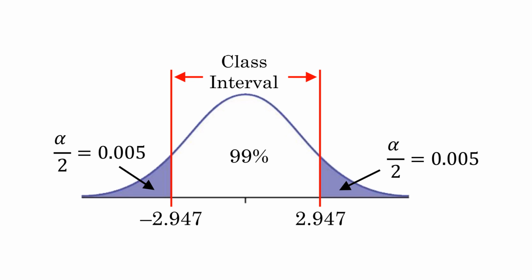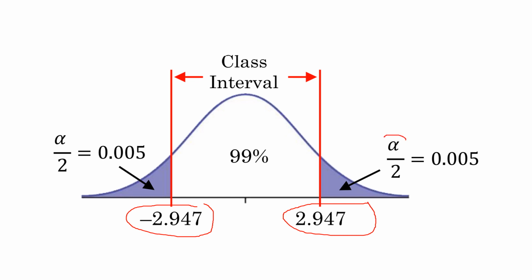So for us to visualize more the given values in the given problem, our critical values are negative 2.947 and positive 2.947, because we're dealing with a two-tailed test. A while ago I said that we need to consider both sides of your normal curve.